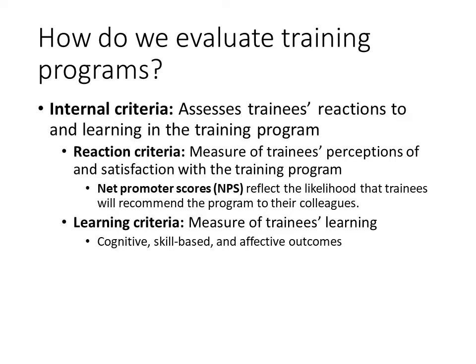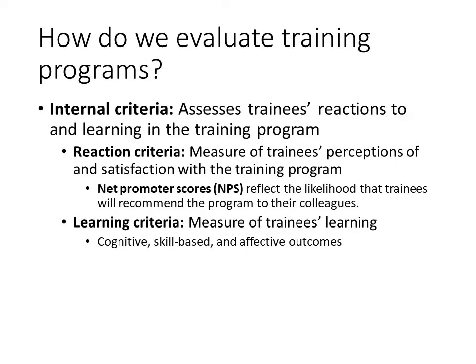We are most interested in seeing whether trainees' knowledge increases, whether they have more knowledge after participating in a program. Skill-based outcomes are related to changes in behaviors, actions, and skills. This includes technical skills associated with a job or occupation, as well as motor skills that use physical movements.